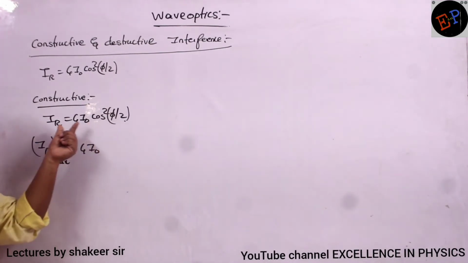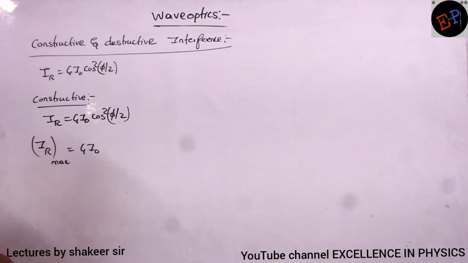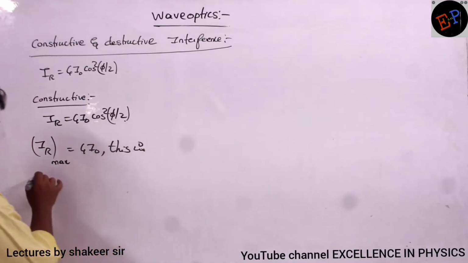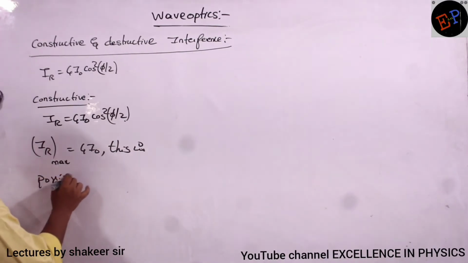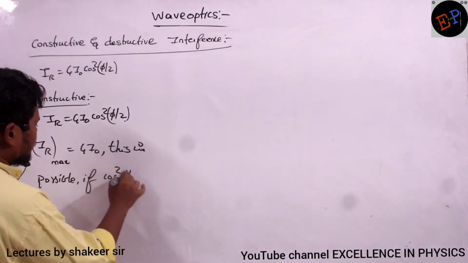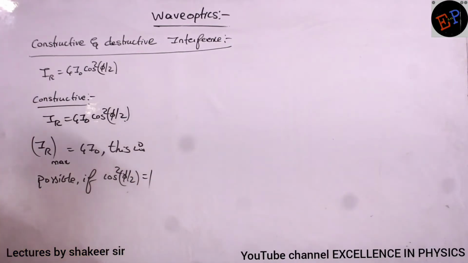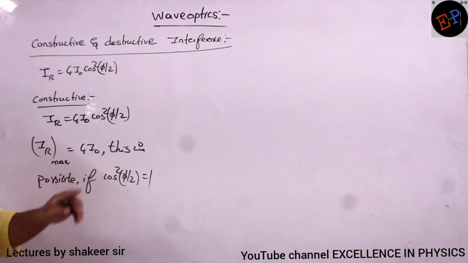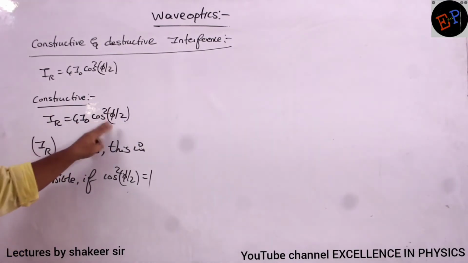So the maximum intensity is only 4 I naught. This is possible in which condition? If cos square(phi/2) becomes 1. That's all, no? When cos square(phi/2) becomes 1, then the intensity will become maximum.